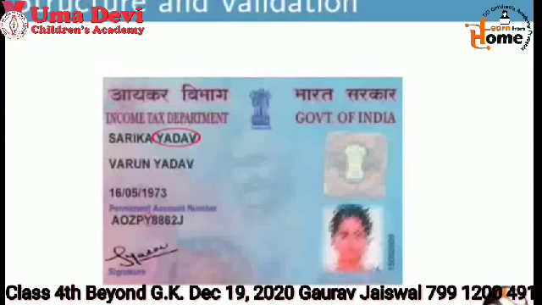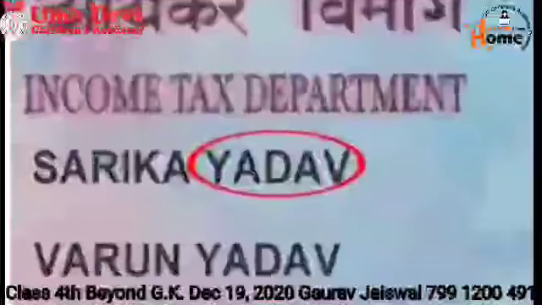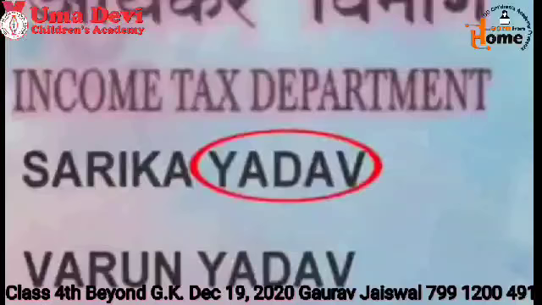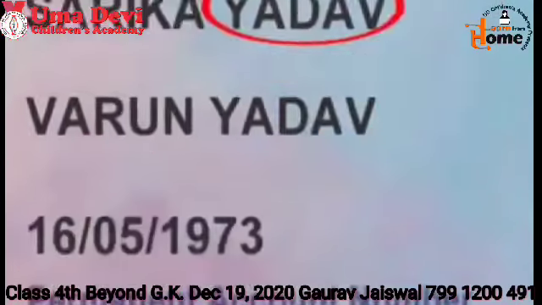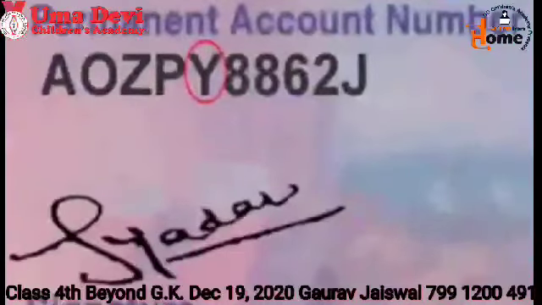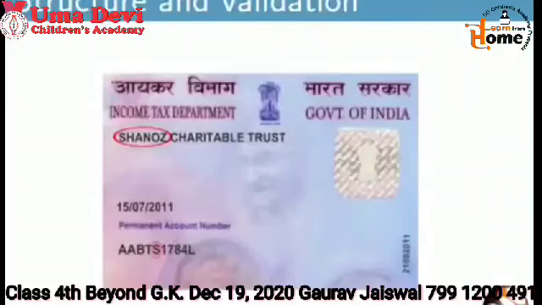The fifth character of the PAN is the first character of the surname or the last name of the person in the case of a personal PAN card. In the image shown, the surname is Yadav. Therefore, the fifth character is Y. The name of the entity, trust, society or organization in the case of company, HUF, firm or any other types of PAN cards.